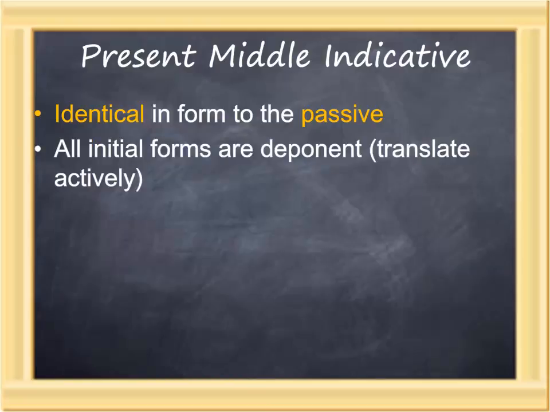However, for the next several lessons, all the middle forms that you will see are actually deponent verbs, and so they're translated actively. So for now, it's not a challenge. If you see a middle form, but the dictionary form ends in omicron, mu, alpha, iota, then it would simply be deponent.